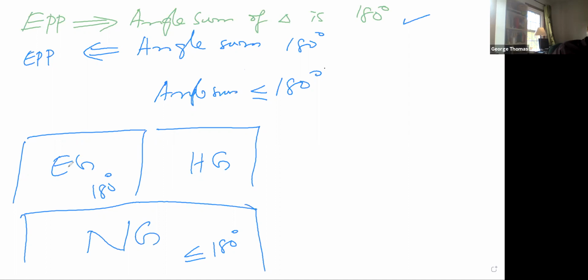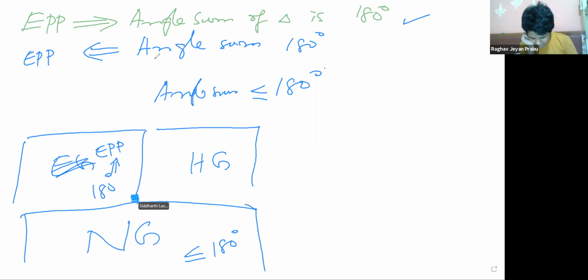Suppose you don't know there is EPP. Suppose you are told that every triangle has angle sum 180 degrees. Does that mean you can get EPP out of it? We got 180 degrees out of EPP. Can we get EPP out of this? Is that a good question?